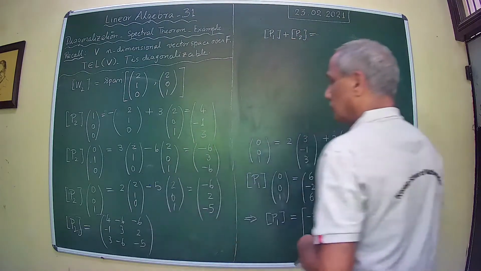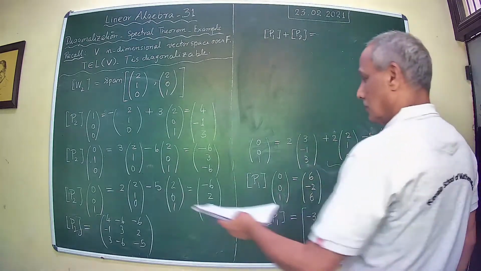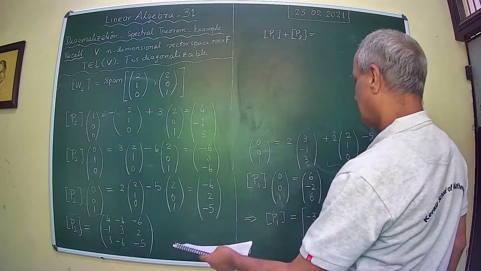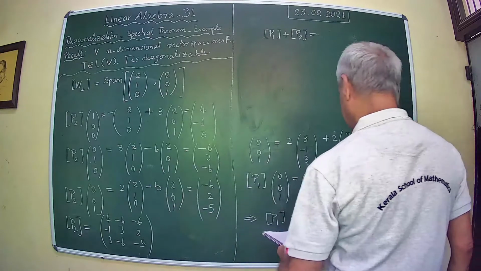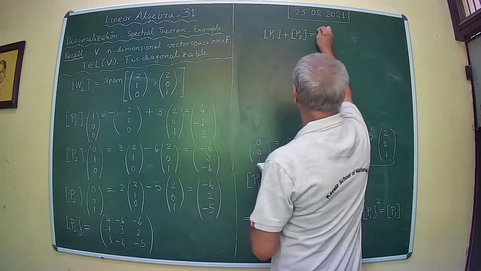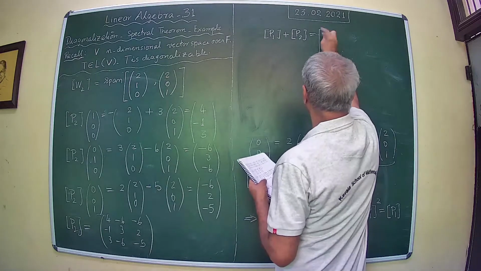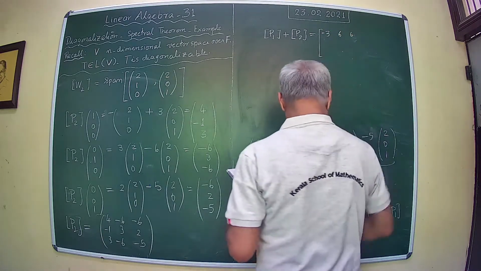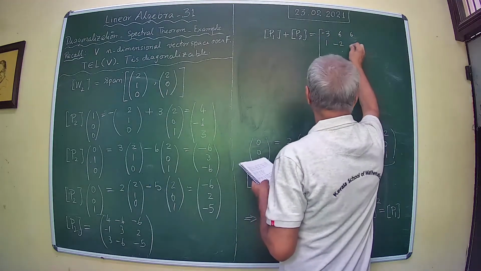This is equal to, what do you have? Correspondingly, you write down these two matrices. This is the matrix for P1 and this is the matrix for P2. Minus 3, 6, 6, 1, minus 2, minus 2.